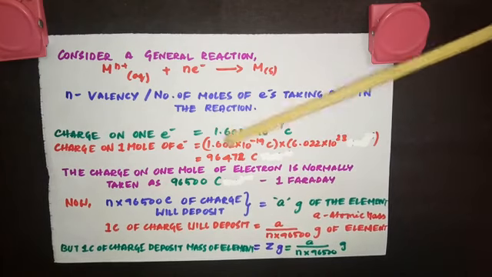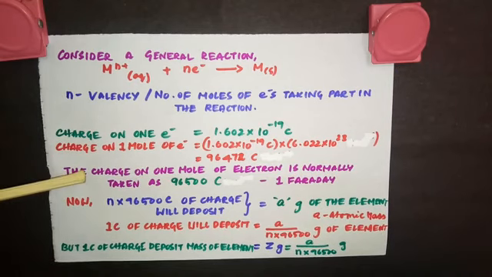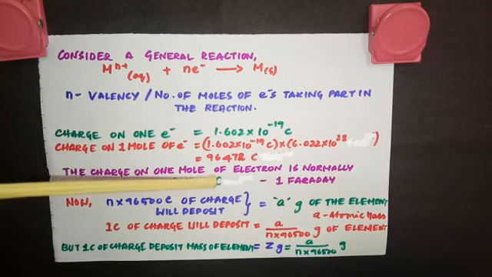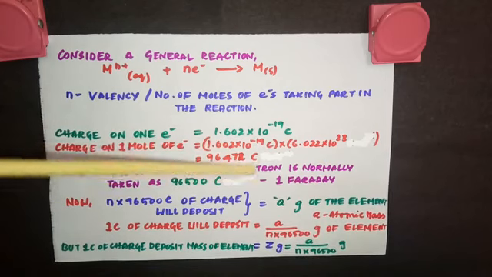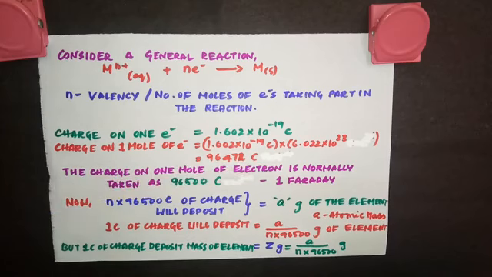This into this. So that gives you 96,472 coulomb. So the charge of 1 mole of electrons is normally taken as 96,500. It is rounded off to 96,500 coulomb, and we call this 1 Faraday. So 1 Faraday is equal to 96,500 coulomb, which is nothing but the charge on 1 mole of electrons.